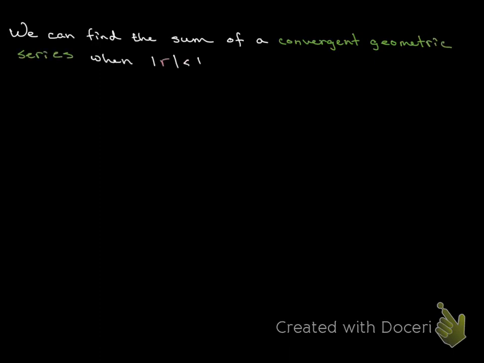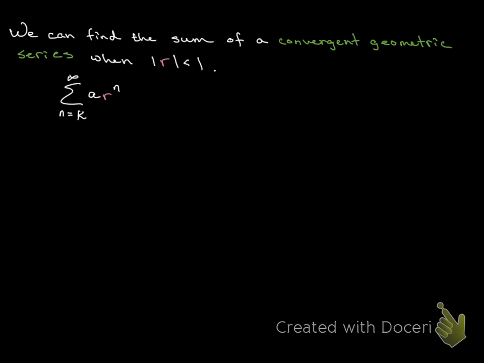I want to look at a couple other examples here, and I want to write a formula down for you. We can find the sum of a convergent geometric series, and it goes like this. Of course, when the absolute value of r is less than 1, it has to be convergent. If I have the sum, starting at n equals k, from k to infinity of a times r to the n, as long as the absolute value of r is less than 1, this series will converge.